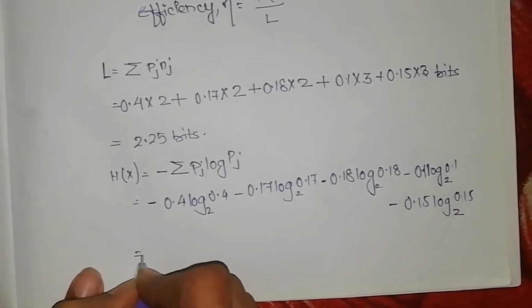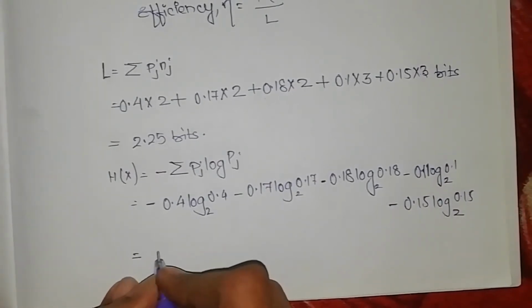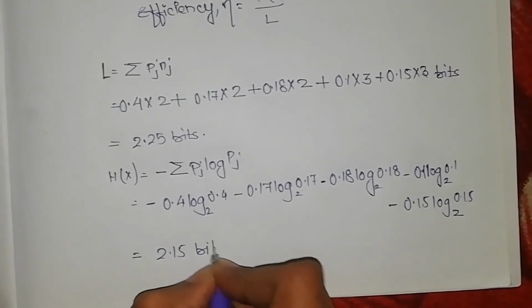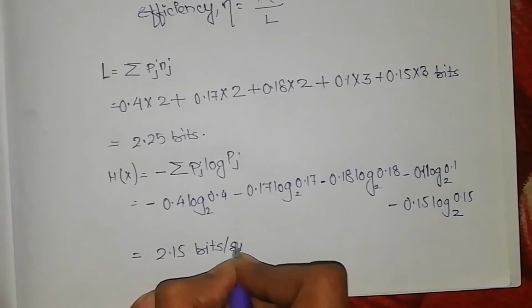So after calculating it we will get the value 2.15 bits per symbol.